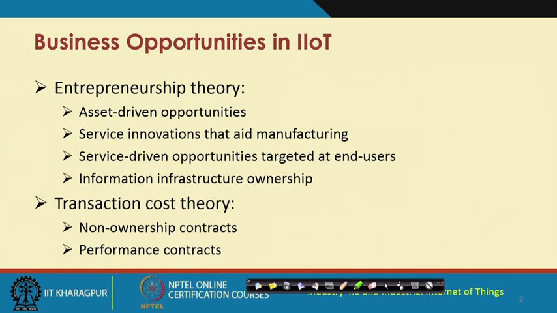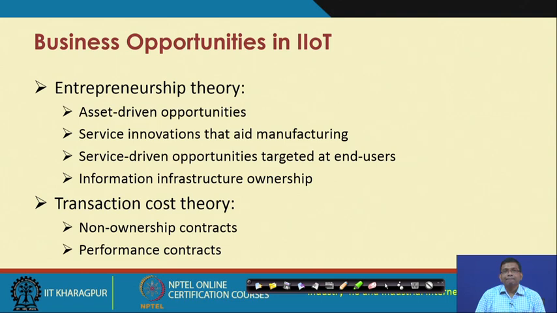So, the entrepreneurship theory basically encapsulates the positive aspects. So, positive aspects such as asset driven opportunities, opportunities out of the assets that are created, for instance, the service innovations which aid in the manufacturing, service driven opportunities targeted at serving certain end users, and the information infrastructure ownership.